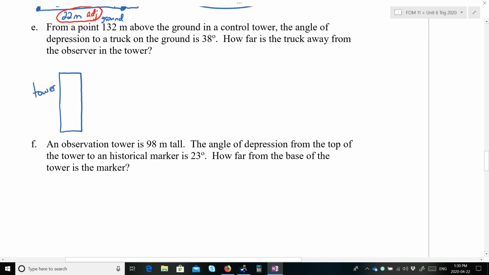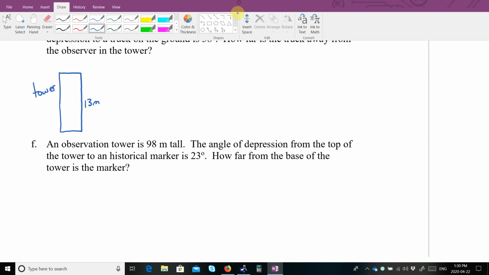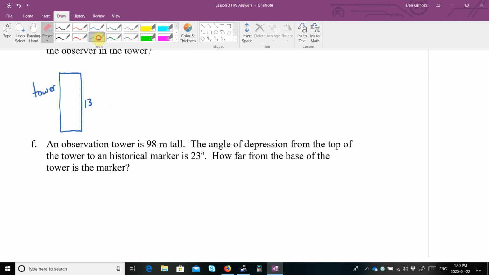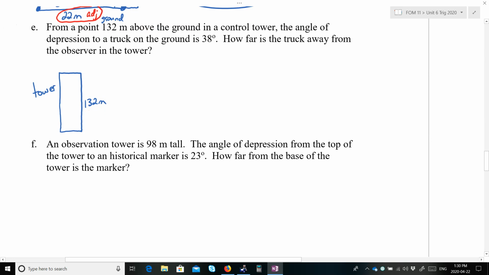And from a point 132 meters above the ground in a control tower, so this is 132 meters up. The angle of depression to a truck on the ground is 38 degrees.